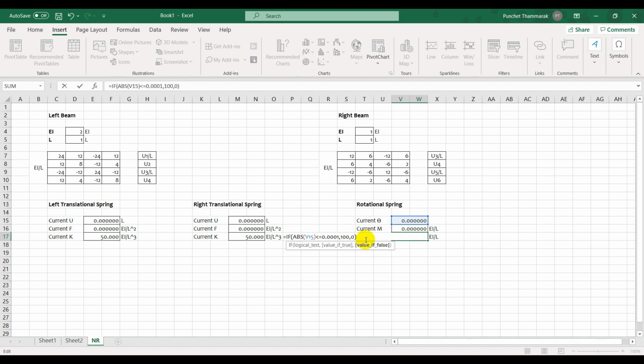When it turns plastic, you have 0 stiffness from the spring. So moment still saturates. The cross section still resists the moment at that cap value of 0.01 EI over L. Moment doesn't drop. The only thing that drops is the stiffness. Okay, 0 stiffness, but moment is maintained.